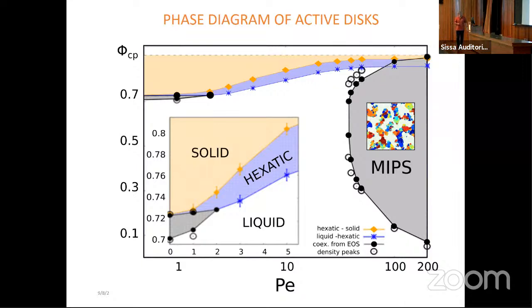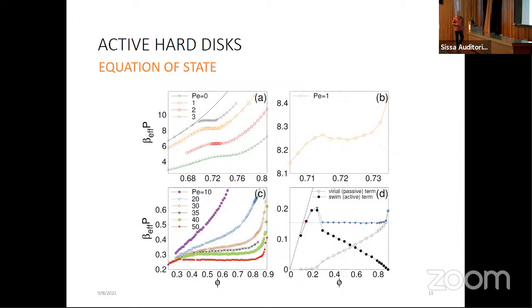So this is the main result of one of our papers. This result is based on the study of the pressure, which I don't want to comment on too much now. You see that at small Peclet, you have a horizontal regime in the pressure P against the density.